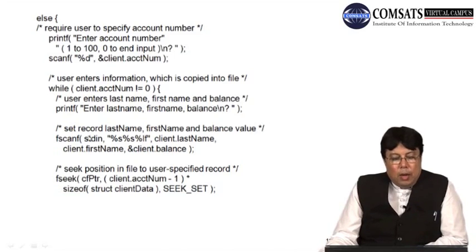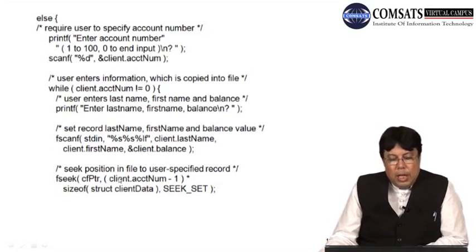Since we are using fscanf, we are bound to provide the input stream, and the standard input stream is stdin. Then come the format specifiers for the last name, first name, and balance. Then we read client.lastName, client.firstName, and this one. For these we have not used the ampersand sign, but for balance we have used the ampersand sign. Why? I think you know the answer.